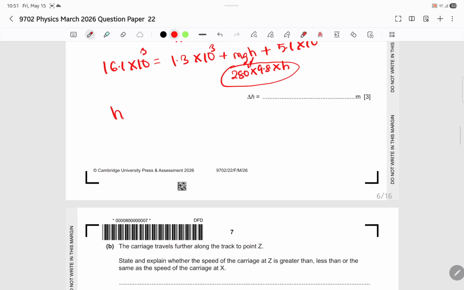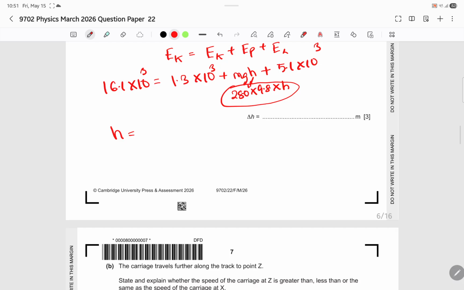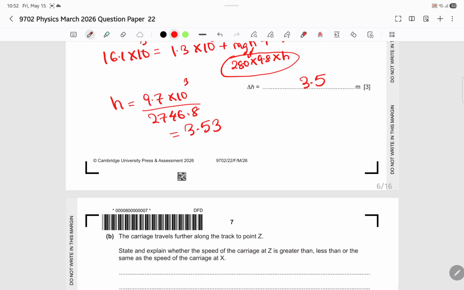Now we have to solve for h, which we do on the calculator. h equals 9.7 times 10 to the power 3 divided by 2746.8, which roughly comes out to be 3.53 meters. To 2 SF, that's 3.5.